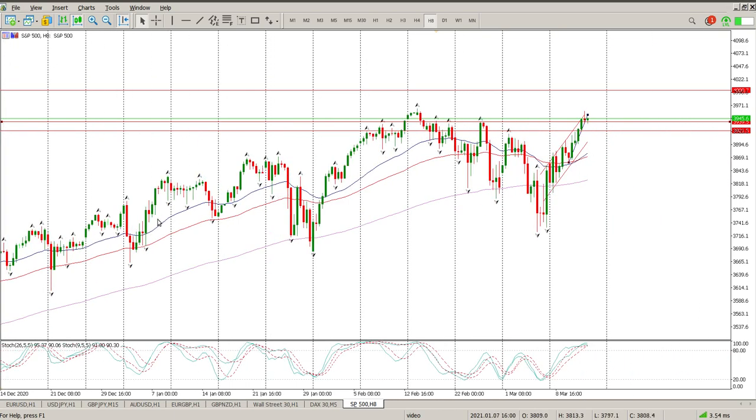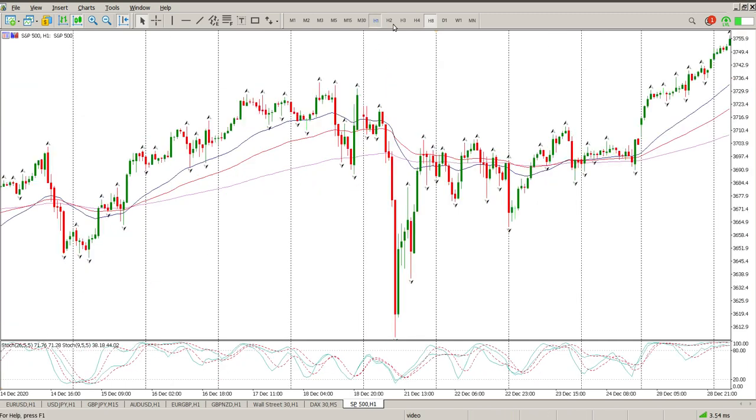Then you've got bulls that may have added to their position on some of these swing lows, and you'll probably find quite a few people added in this chaos here last week. So they're all looking for 4,000.